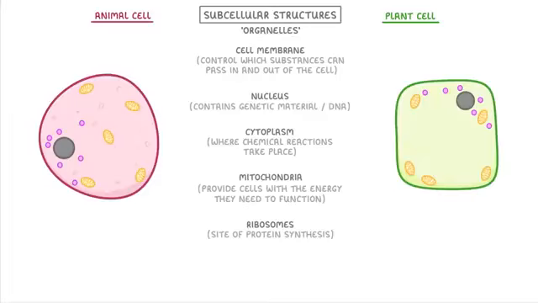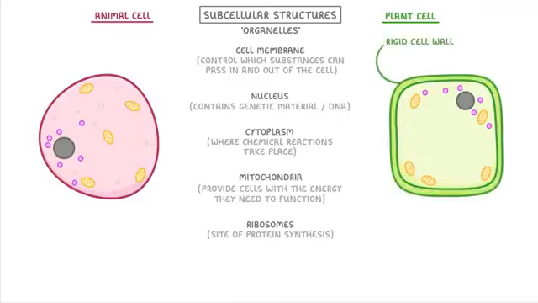Now, all of these subcellular structures that we've just mentioned are common to both animal and plant cells. But importantly, plant cells also have a few extra structures. For one, they have a rigid cell wall around the entire cell that's made up of a material called cellulose.